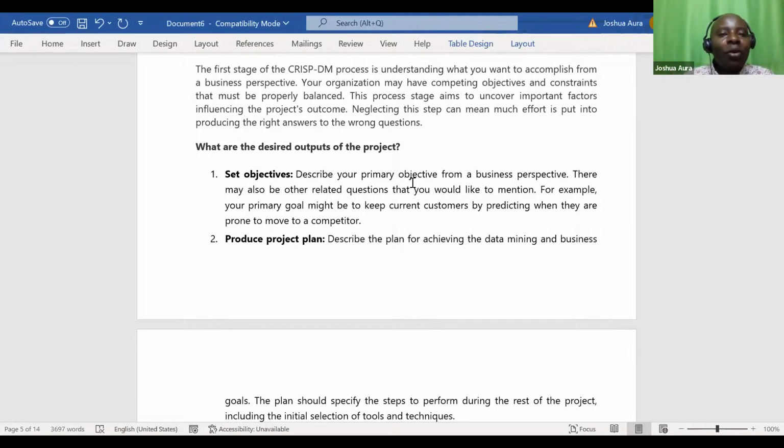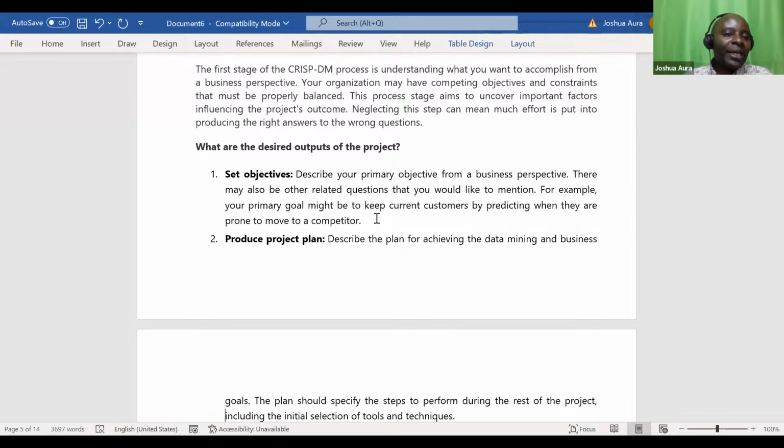There may also be other related questions that you would like to mention. For example, your primary goal might be to keep current customers by predicting when they are prone to move to a competitor. Like now, some of you may be moving to a competitor. So what do I need to do? I need to analyze data and realize what would make you want to remain with me.